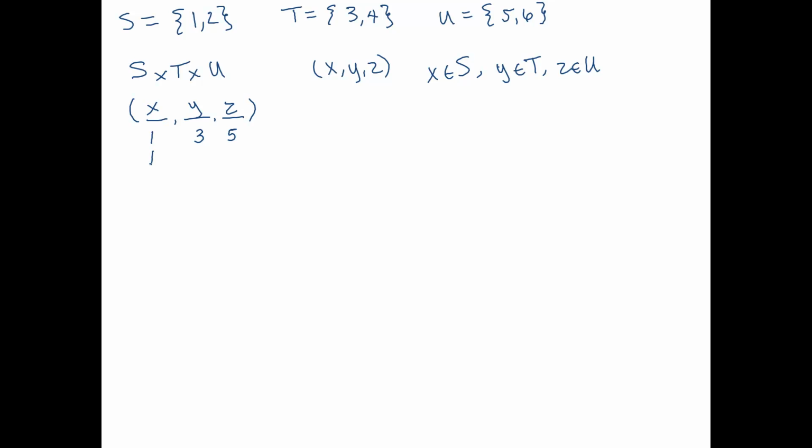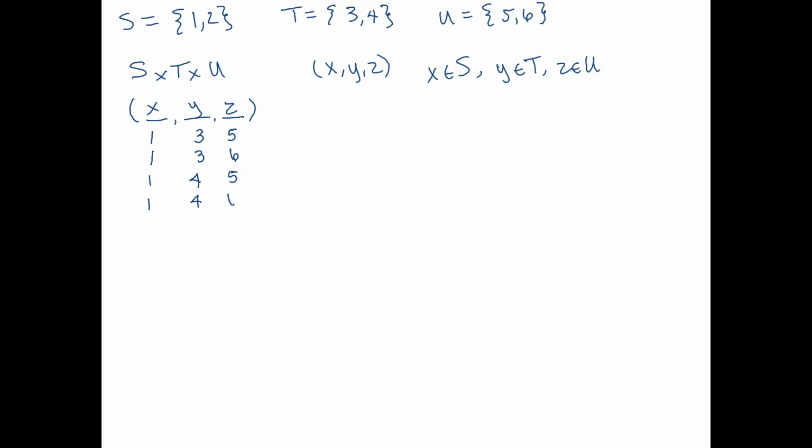Now, keeping the first elements the same, let's take the second element of the set U. There are no more elements from U to take to form triples, so keeping the element from S the same, let's change the element from T to 4. Taking the first element of U gives us 1, 4, 5, and you can see the pattern.